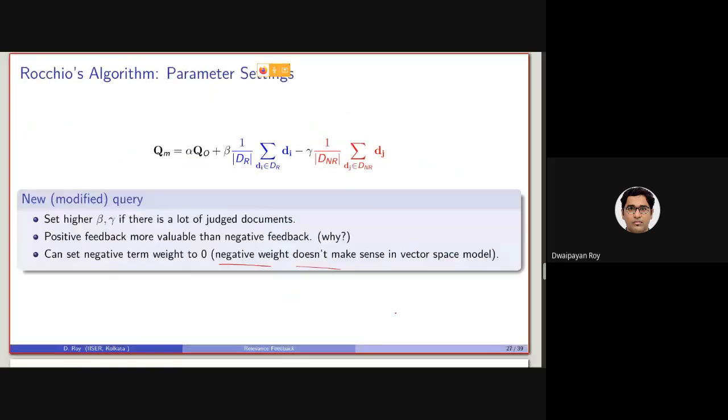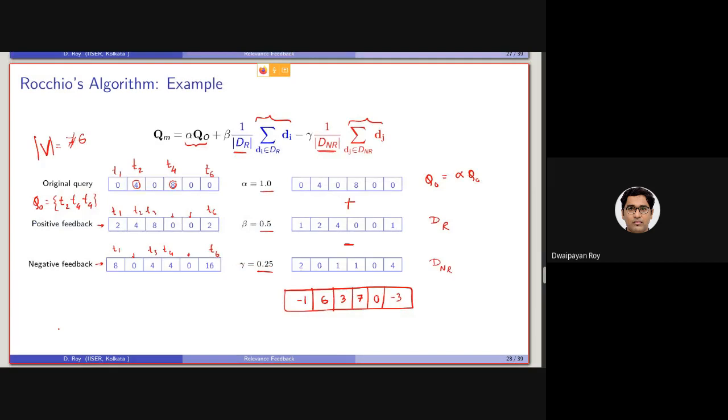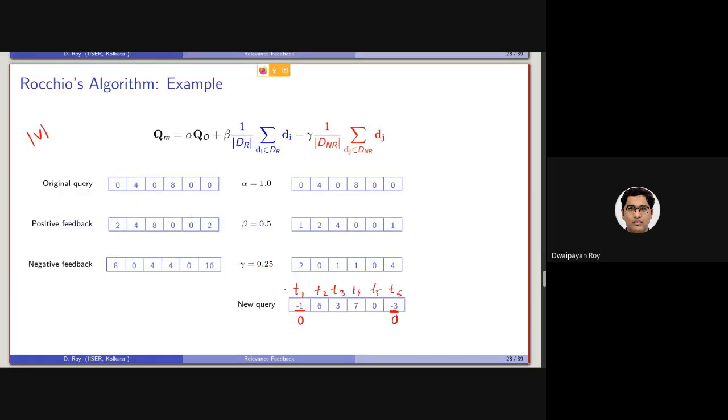That's what is stated here: set negative term weight to 0. So even though the actually formulated modified query vector would look like this with 6 components, practically what we'll be considering is 0, 6, 3, then 7, then 0.